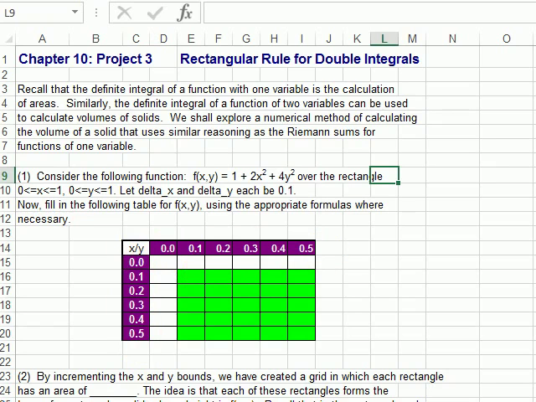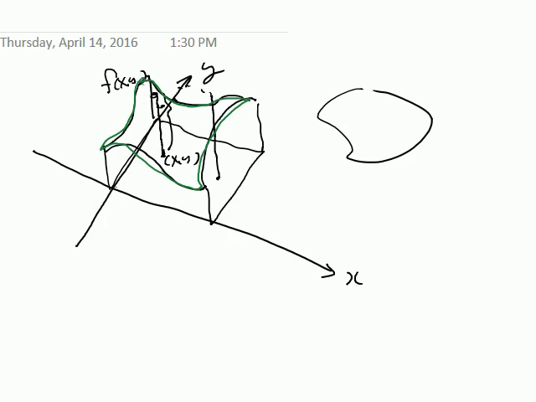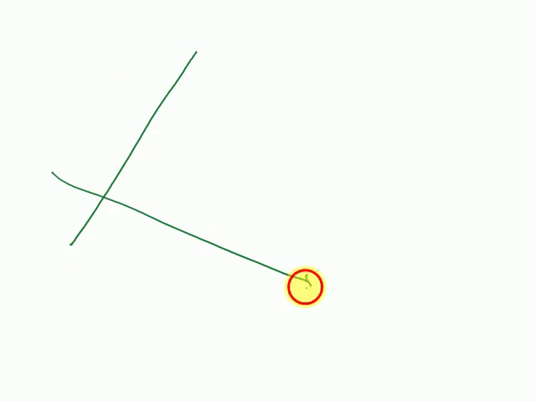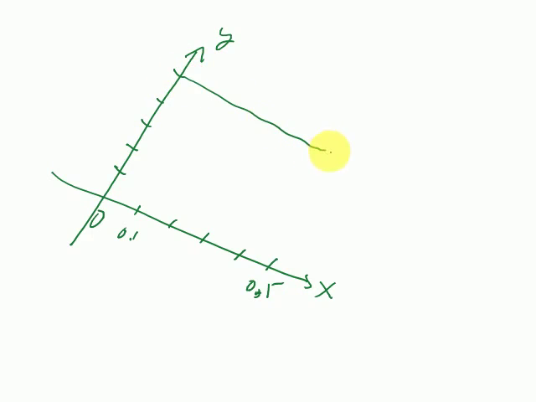So you might think of x, y as 0, 0.1, 0.2, 0.3, 0.4, 0.5. Same thing for y. So this is our domain.